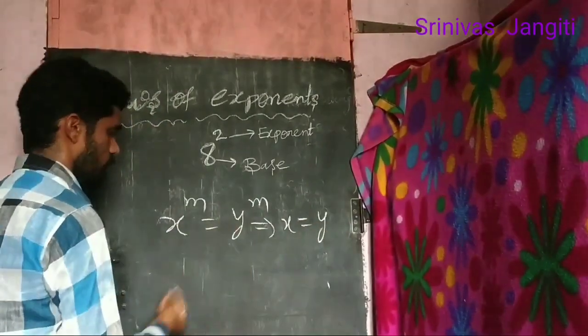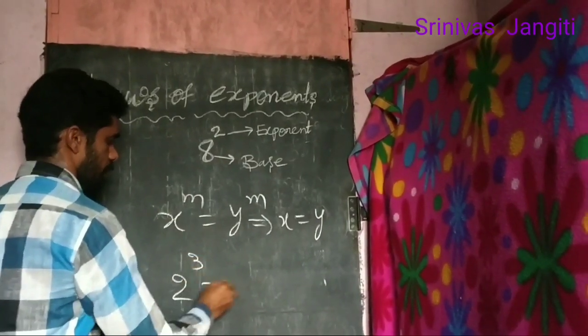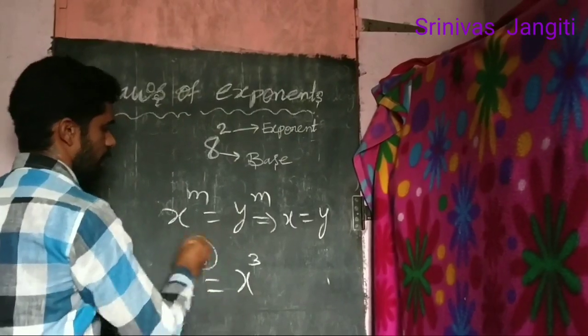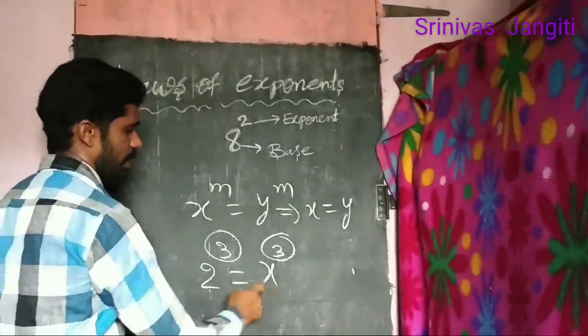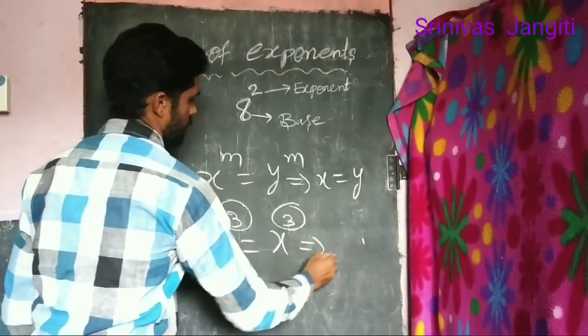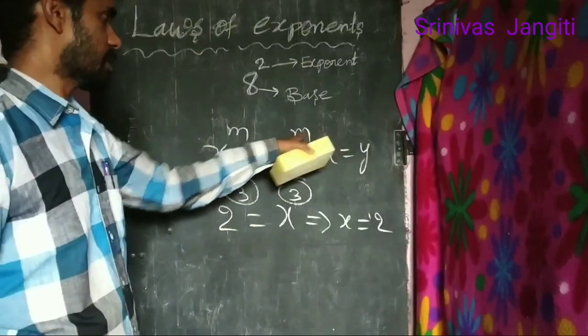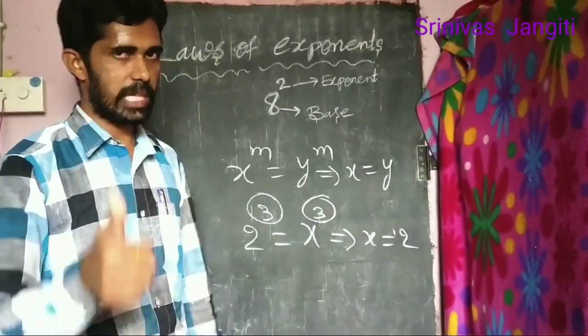Suppose 2 cube is equal to x cube. The exponents are equal, then the bases are equal. Automatically x is equal to 2. When the exponents are equal, then the bases are equal. So simple, I think. Clear, everyone?